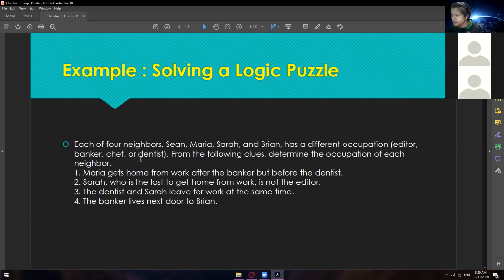So take note, dapat may sagot kayo sa 4, hindi lang 2, okay? Dapat hindi missing yung 2. Dapat na-figure out nyo lahat, okay? Using this 4 major clues. Kasi kung hindi nyo na-solve using these 4 major clues, then sorry na lang kasi kompleto na to eh.